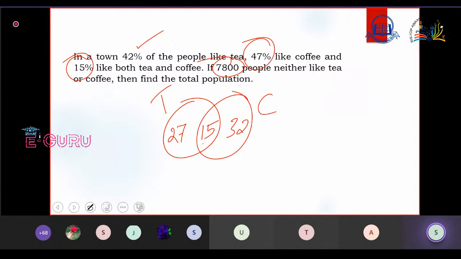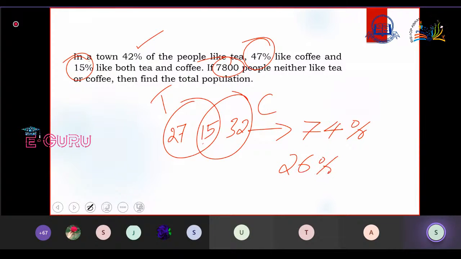Clear? So here, if you are adding all these together, what will be the value? 27 plus 15, 42, 42 plus 32, it will become 74, right? So altogether it will become 74% of the population. So there are remaining 26%.